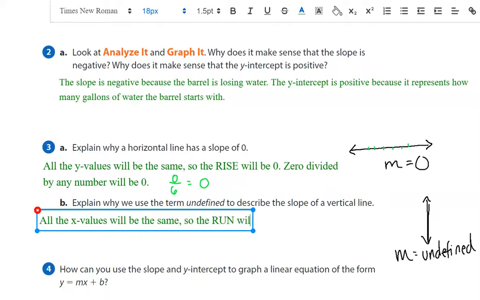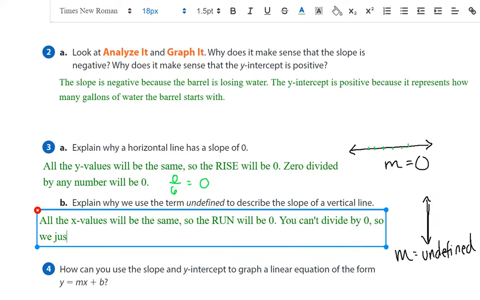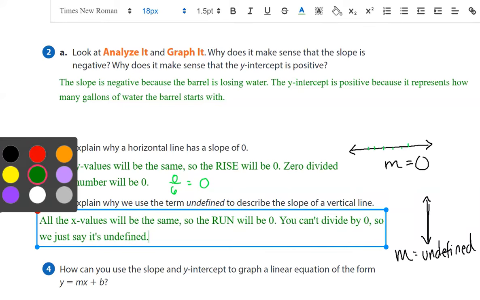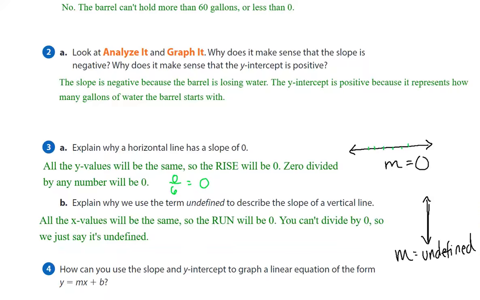So the run will be 0. And you can't divide by 0. If you divide by 0, try it. Put it in your calculator. It'll explode. Start smoking everything. It will open a black hole in the universe. You can't divide by 0. So we just say it's undefined. So for example, say that you chose to put 6 for the rise and 0 for the run. You can't do that. You can't divide by 0. No good.